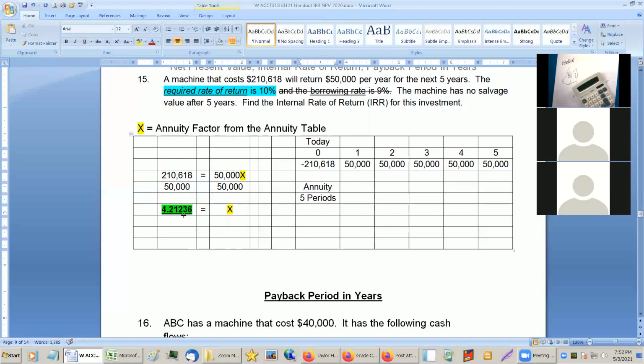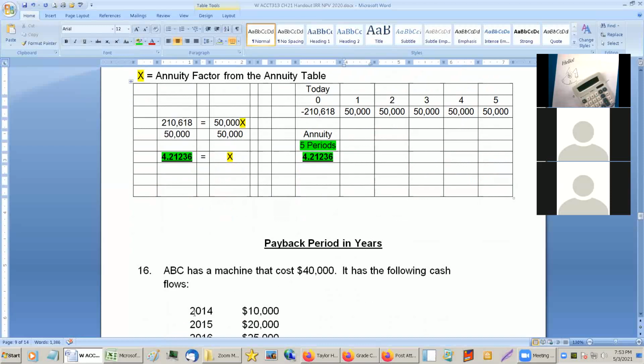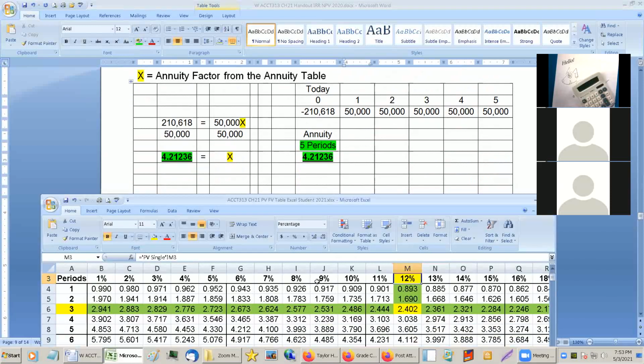And the factor is that. Okay, so going to the annuity table.